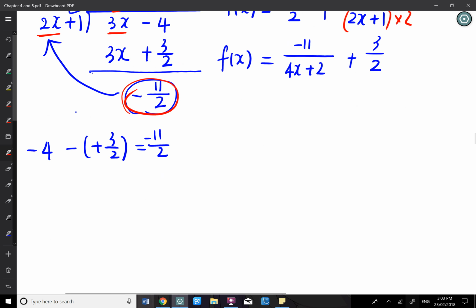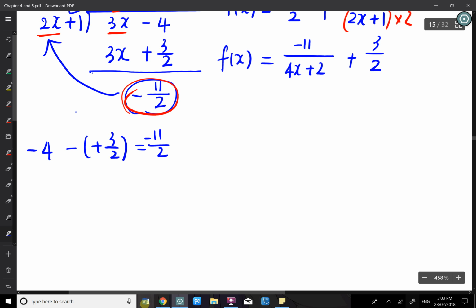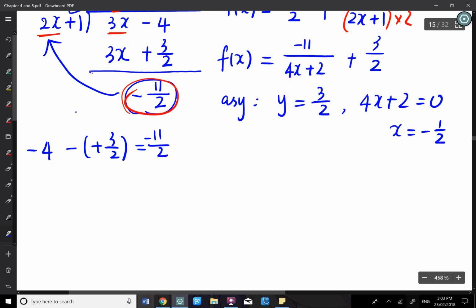So if we can see this, our horizontal asymptote will be y equals 3 over 2, and our vertical asymptote will be 4x plus 2 equals 0, so x equals minus a half.